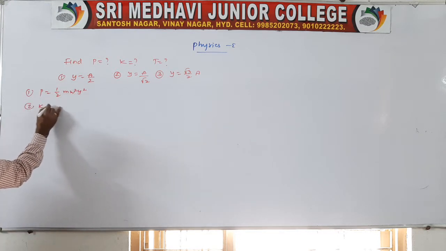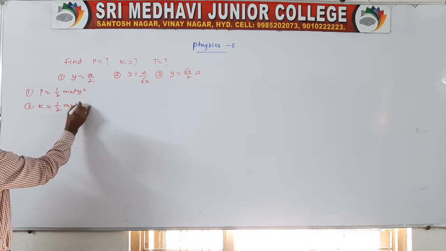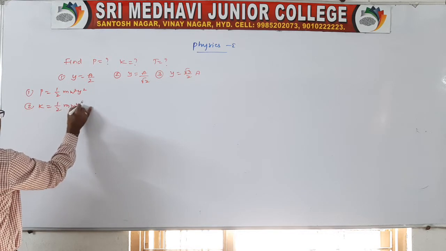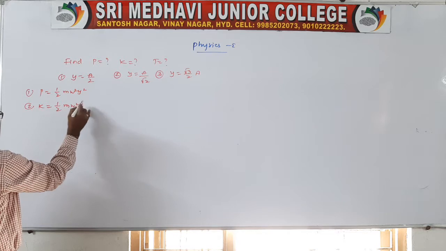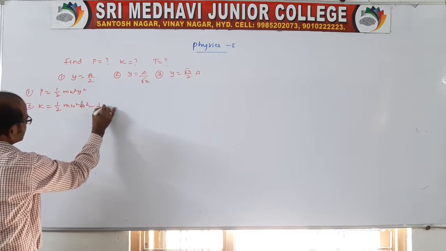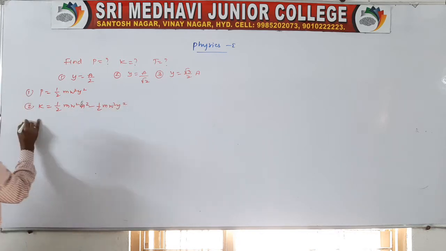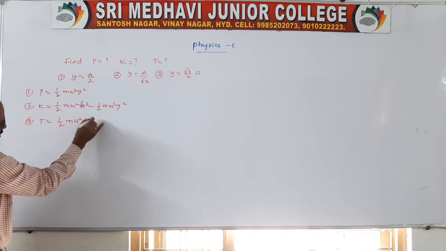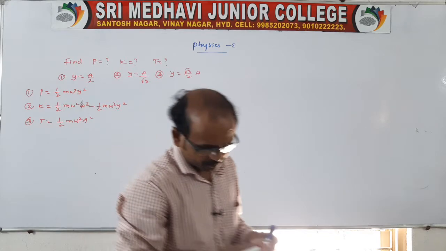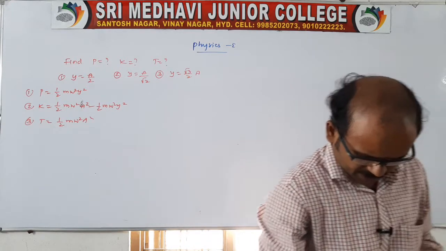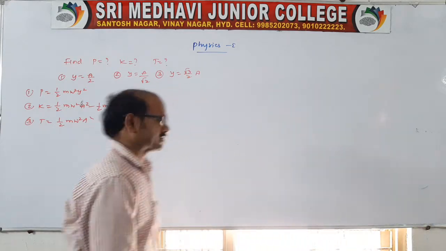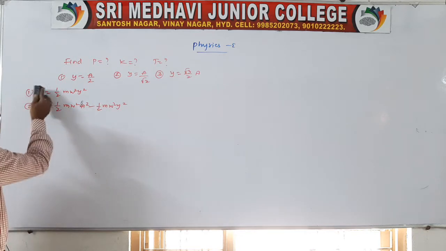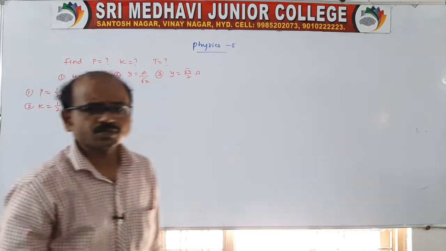Kinetic energy is half m omega square a square minus half m omega square y square. And the total energy will be half m omega square a square. Or else, after getting the potential and kinetic energy, we can add them also, no problem.